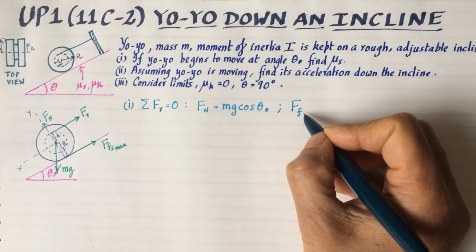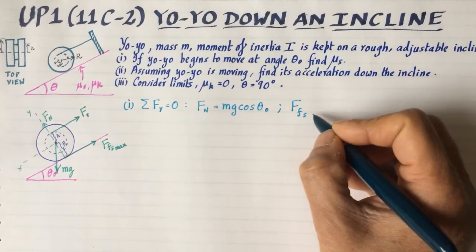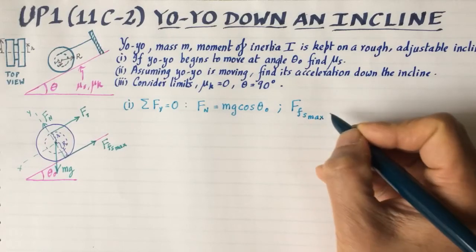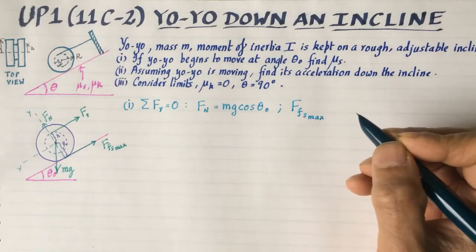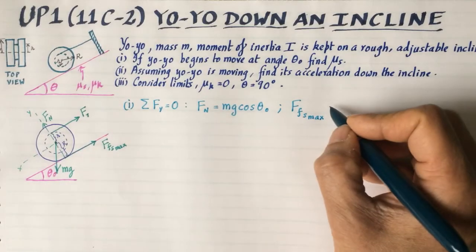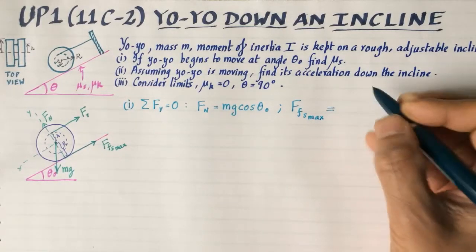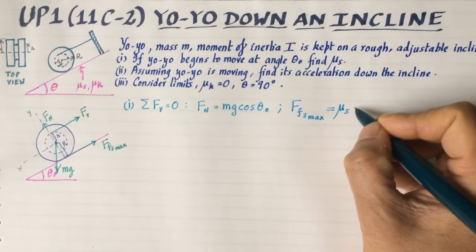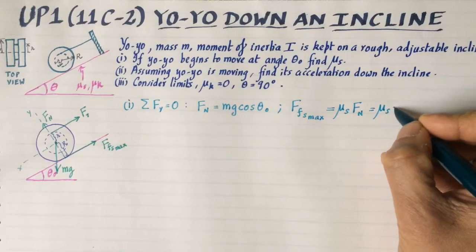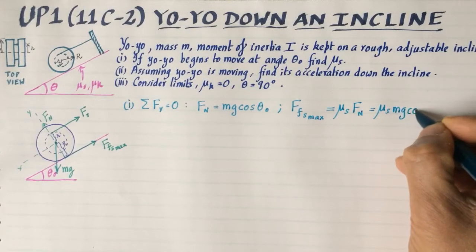Now generally the force of static friction bears no relationship to the normal force, other than the force of static friction is less than or equal to mu times the normal force. But if it's maximized, that less than sign can be replaced by the equal sign. So I have mu s times the normal force. So that is mu s times mg cosine theta naught.